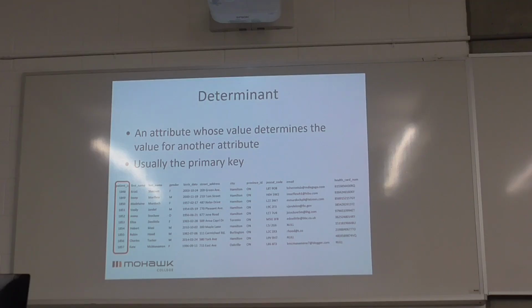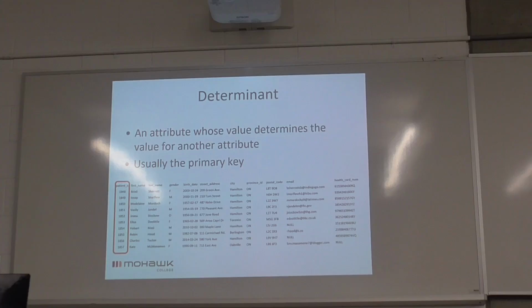So let's say we had a table that was departments, right? Departments in a hospital. And one of the attributes in that table was the room number of the office for that department, right?